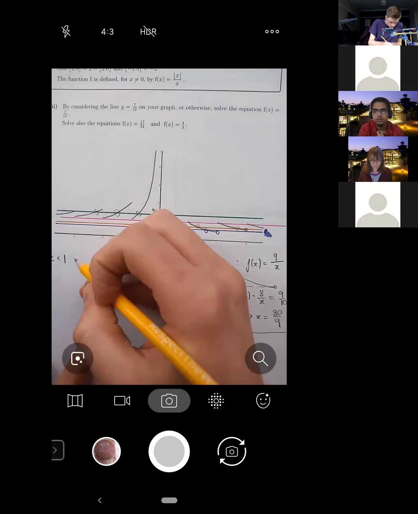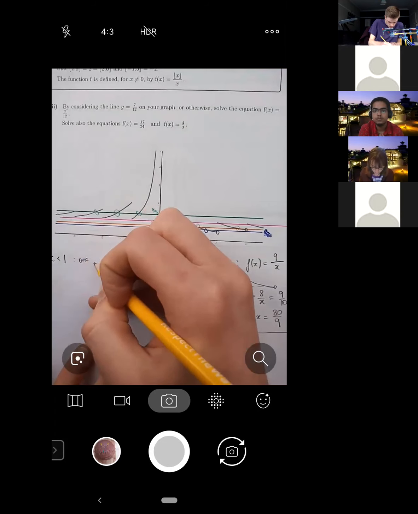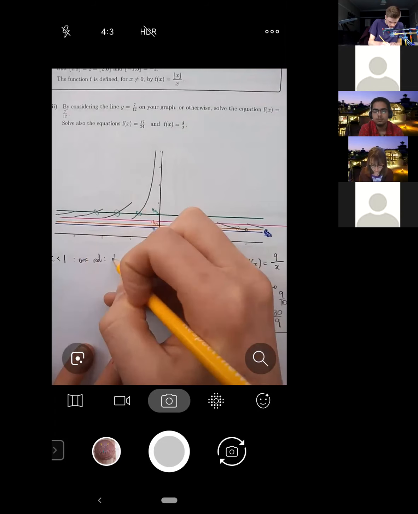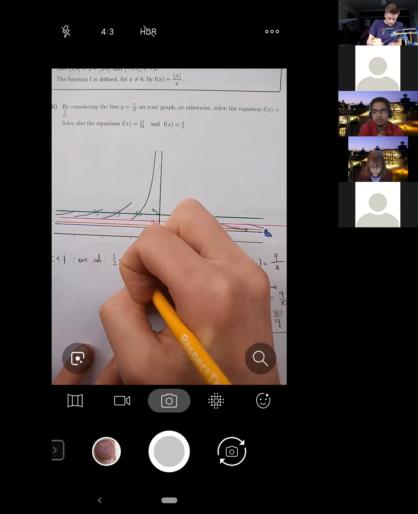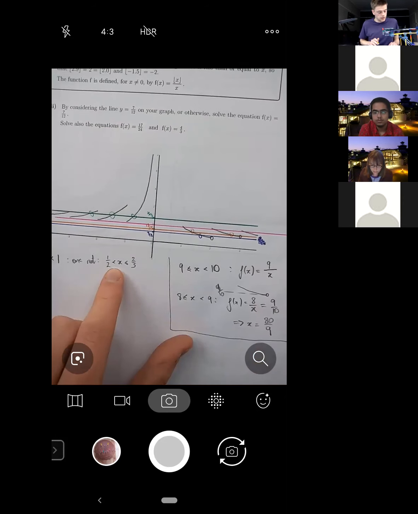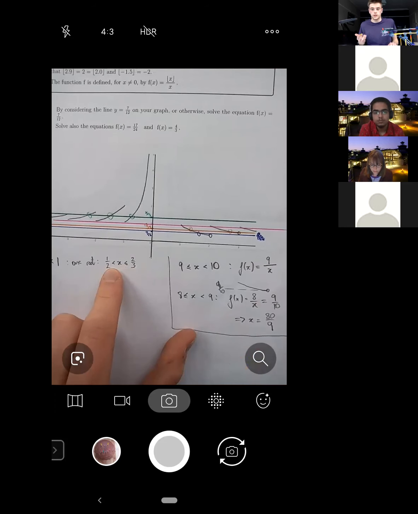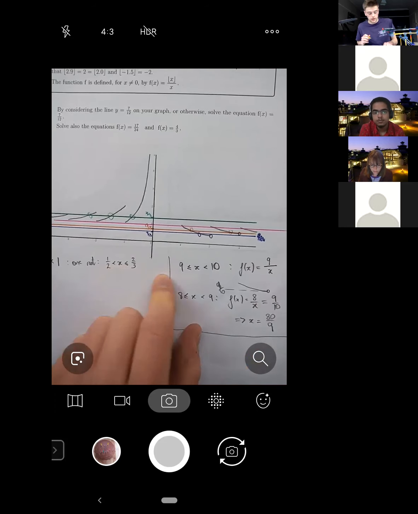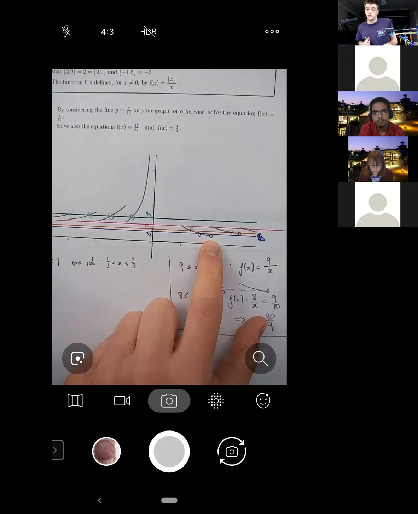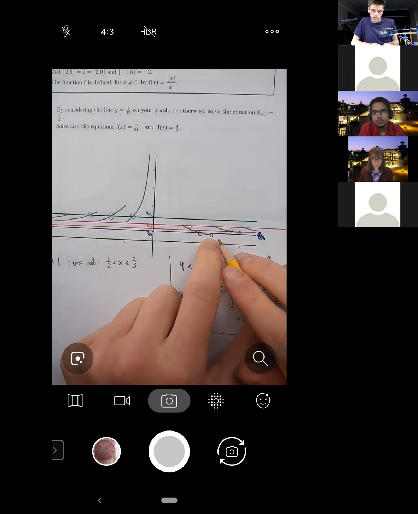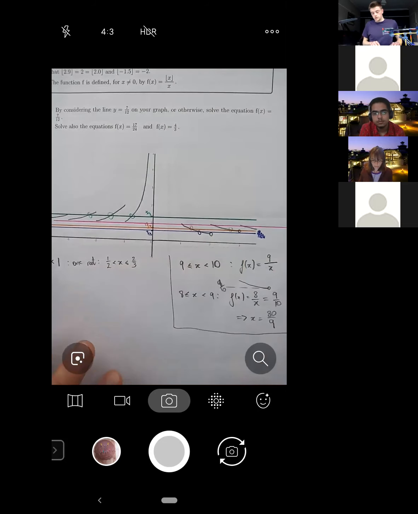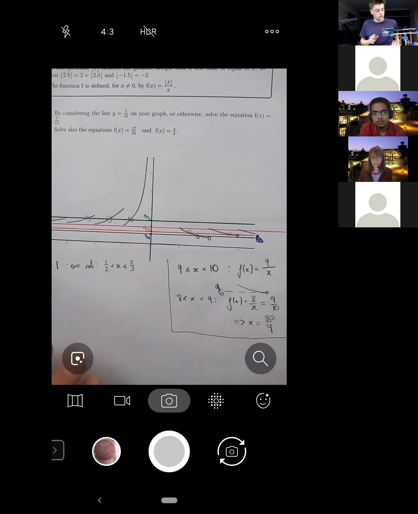So for one root, we want a half less than c less than or equal to 2/3. But this inequality here is strict and this one is not, because, for example, if c was equal to a half, then we'd have no solutions because the branch doesn't actually reach the half.